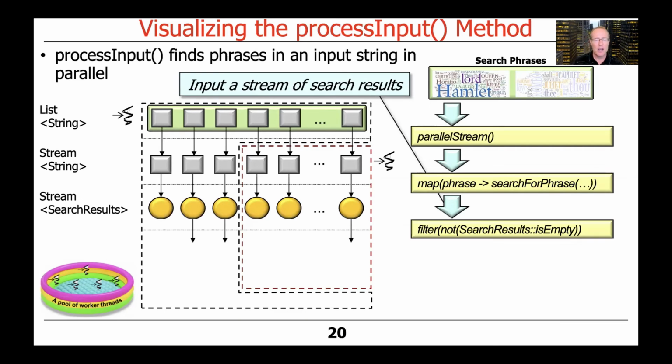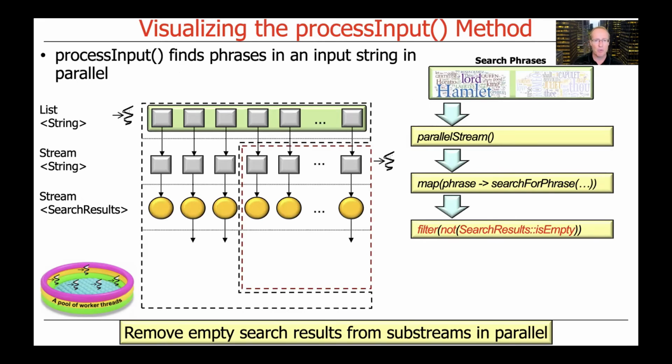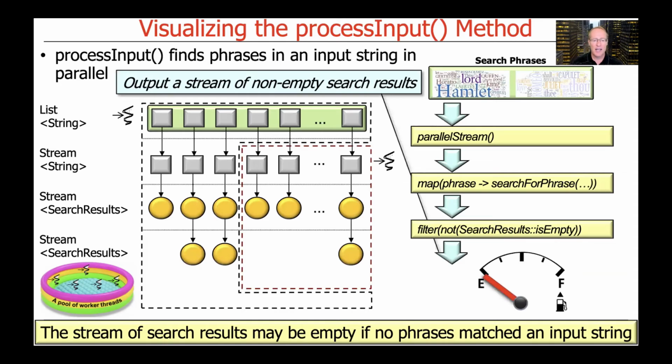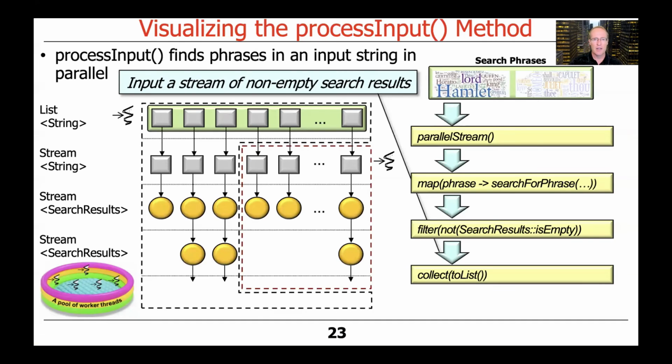And then we're going to take that stream of search results and get rid of results that are empty. So we're not going to bother storing things that don't have any values. So what we're going to end up with after filtering out anything empty is a stream of non-empty search results. And this stream of search results will be empty, of course, if there are no phrases that matched in the input string.